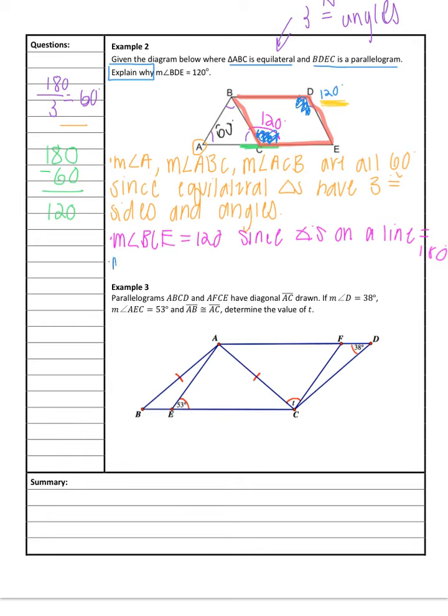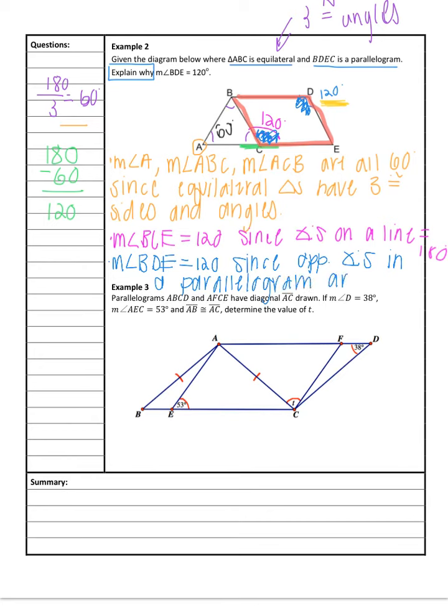So the measure of angle BDE is 120, since opposite angles in a parallelogram are congruent.